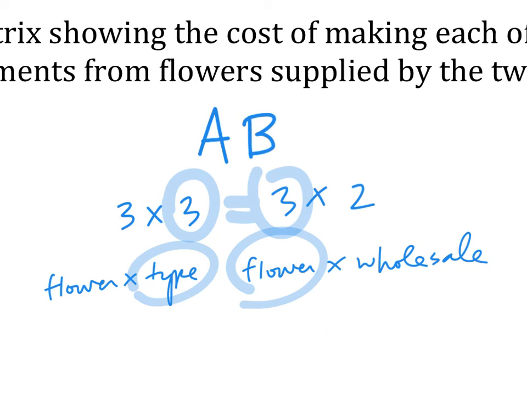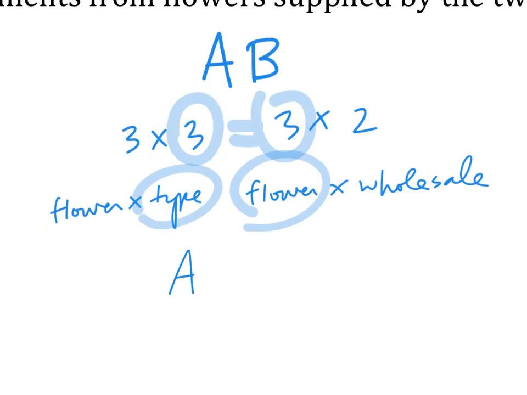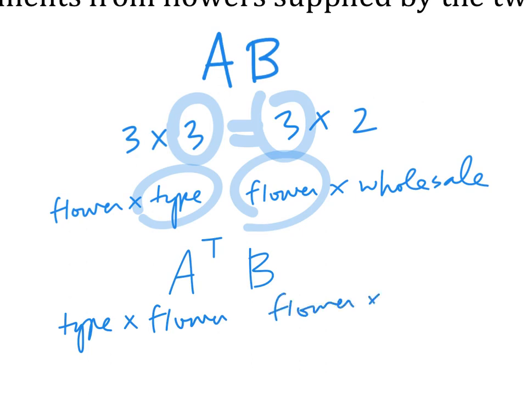How do I multiply them so that the categories in the middle are the same? Transpose. I need to transpose which one? The first one, A. So I need to switch columns and rows. If we switch columns and rows, it's going to become type times flower. Now the two in the middle are the same. We can multiply. Are you guys with me? So if I change it to A transpose B, then I'm going to get type times flower, and then flower by wholesaler.